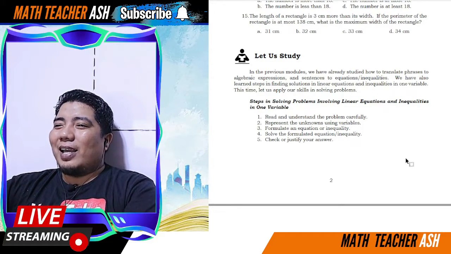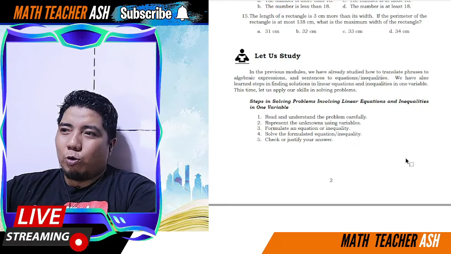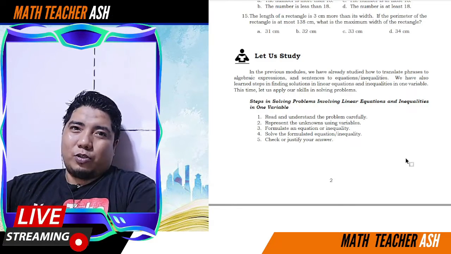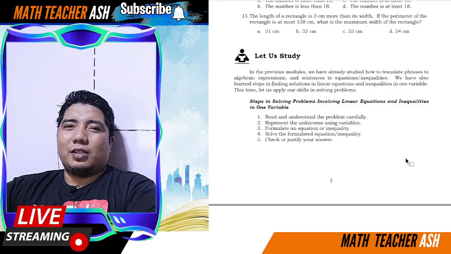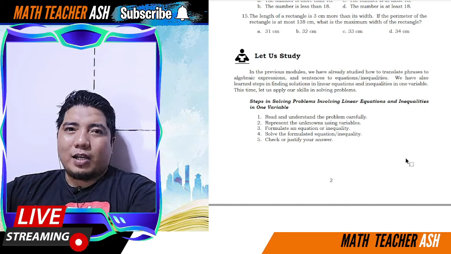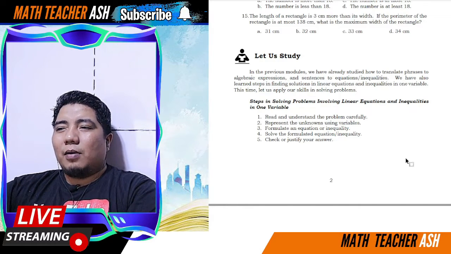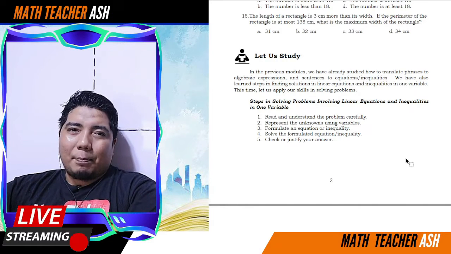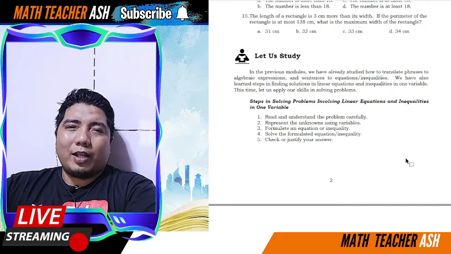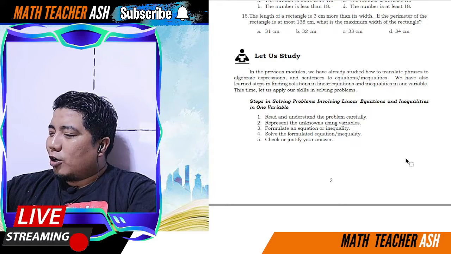Okay, so pangalawa is to represent the unknown quantity or unknown values using variables. Okay. And then, you formulate an equation or an inequality based on that variable. And then, pang-apat is to solve that equation. At pang-lima is to check whether your answer is correct.